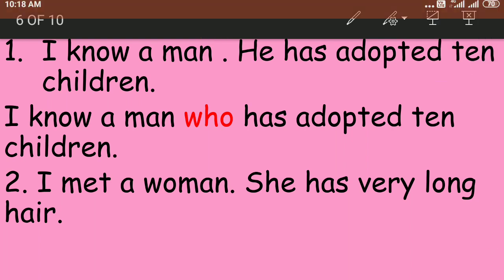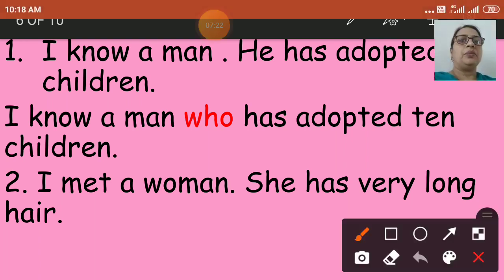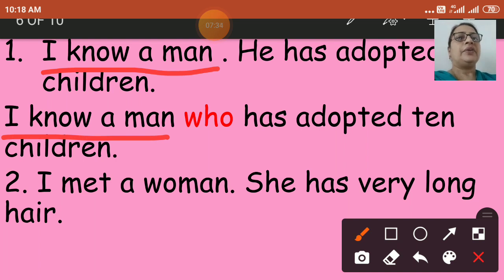Now here, what we have done to join these sentences, have you observed? We have copied down the first sentence as it is, I know a man. Then instead of this full stop, we have to remove the punctuation mark which is given at the end of the first sentence.